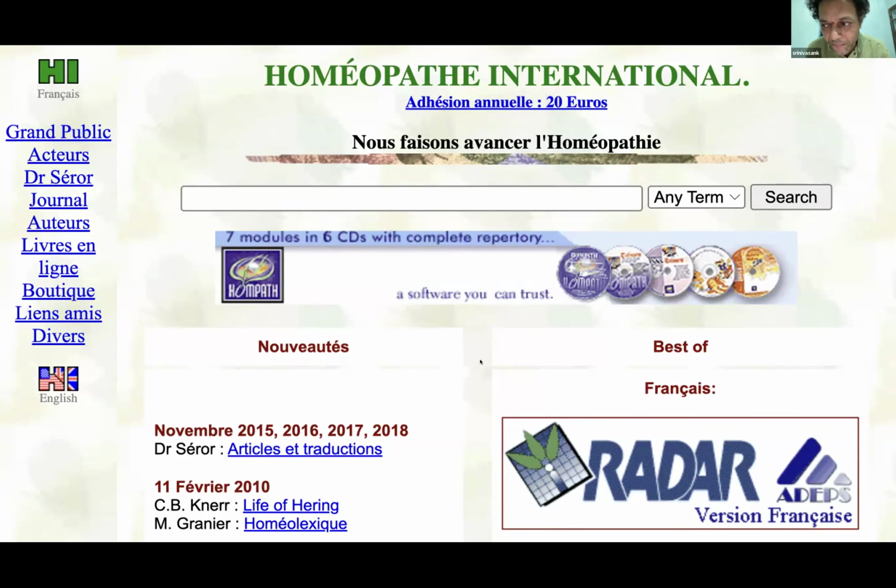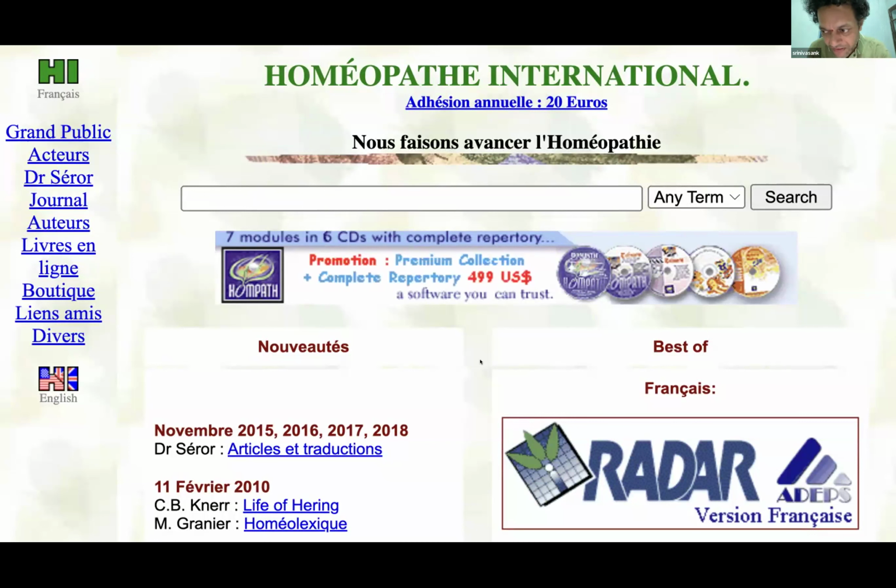Third one, NER repertory is included in many softwares, including Radar, HOMEOPATH, Synergy, and many others. Fourth one, if you have a mobile Android and internet connection, this website is wonderful.